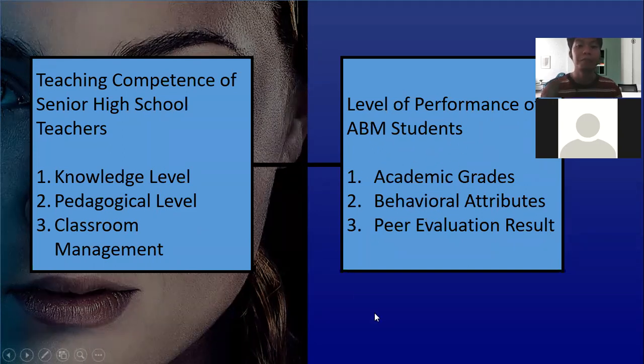And yung indicators in order to know the possible results of the teaching competence of senior high school teachers, ito yung academic grades, behavioral attributes, and peer evaluation result. Meaning this one shows possible future results.